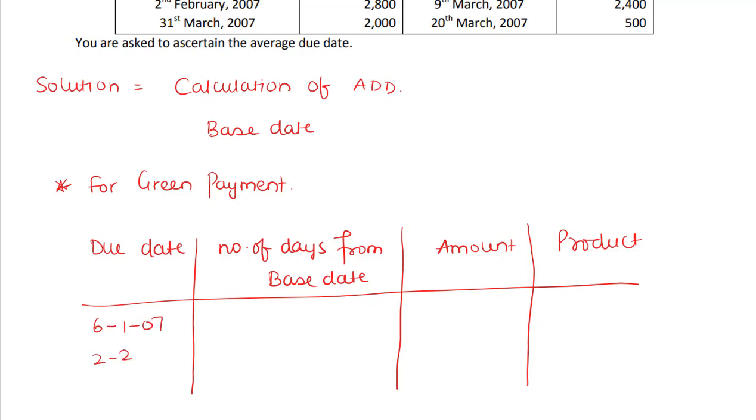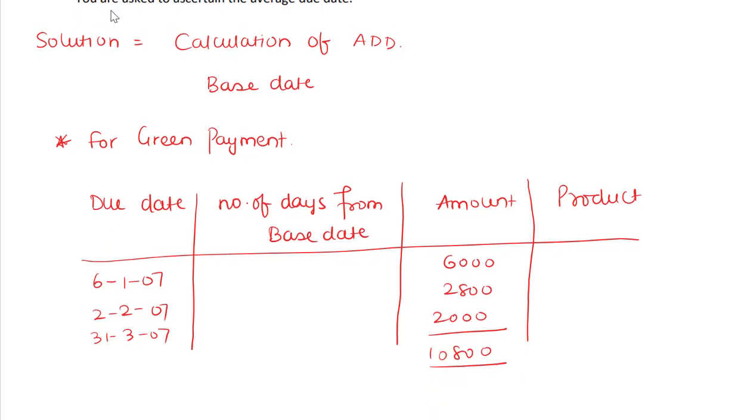January 2007, February 2007, March 2007. Amount is 6,000, 2,800 and 2,000. Total 10,800. Select the first date as base date, 6 January 2007. Number of days: 0, 27 days, 84 days.